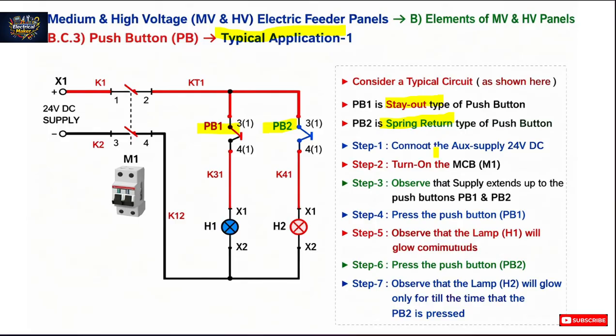Step 1: connect the aux supply, 24 volt DC. You can see that a 24 volt DC supply is given to this circuit. Step 2 is to turn on the MCB 1. You can see MCB 1 is connected to this circuit, and turn it on.